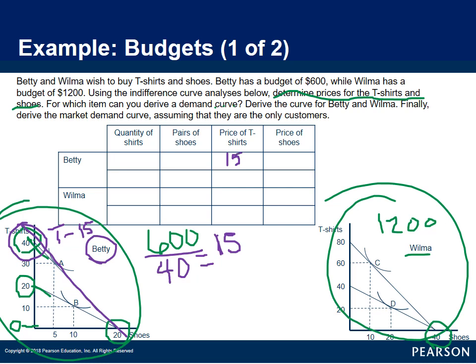For the quantity of shirts that she would want to buy at $15, we have to look at the consumer equilibrium, which is right here at point A. So at that price she would want to purchase 30 shirts and 5 pairs of shoes, because that is her consumer equilibrium.